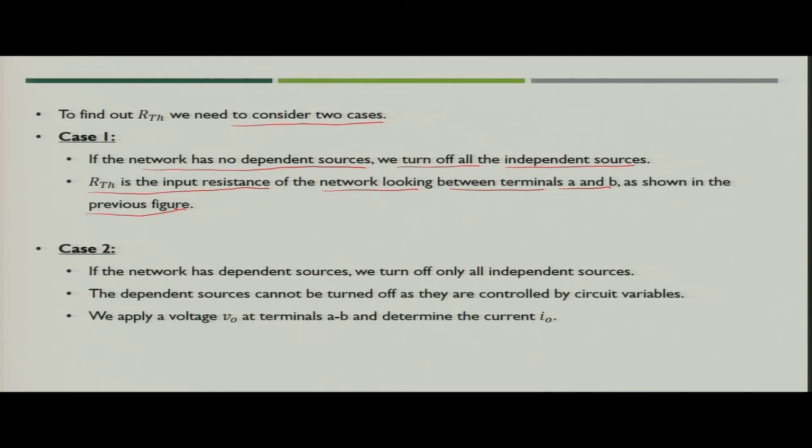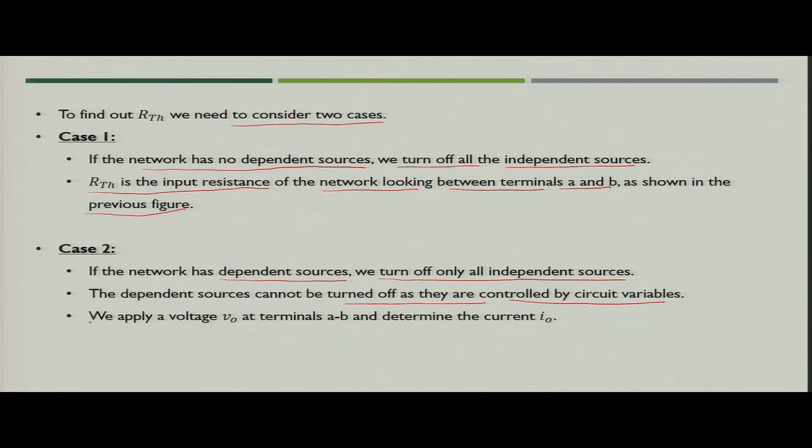Now, in case 2, when the network has dependent sources also, we cannot switch off the dependent sources, because they are anyway controlled by some circuit variable. So, what will happen in that case? You can simply turn off only the independent sources. So, you will only switch off independent sources while keeping dependent sources on, and then you will analyze the circuit.